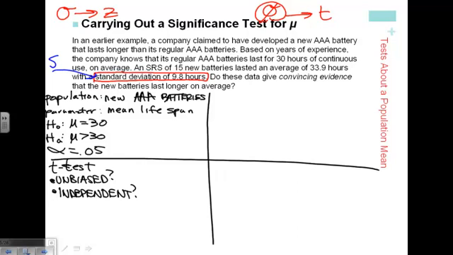You answer that question by asking, is the sample random? Is it random? Yep, there's our random. It's SRS. So we're good. Is it independent? Depends. I believe it depends on whether the population is greater than 10 times our sample size, or in this case, 10 times 15.